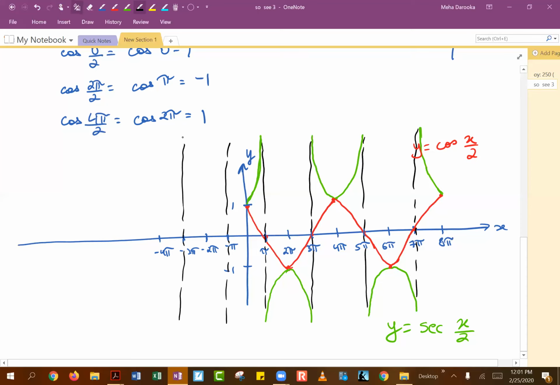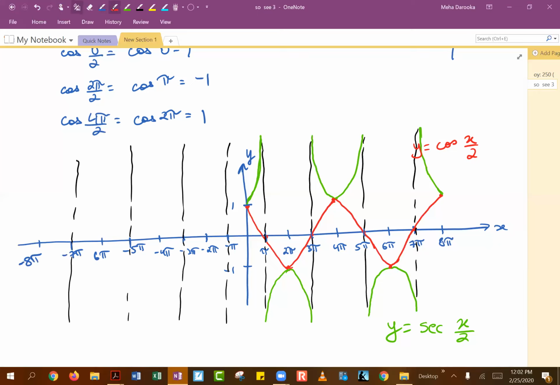And then it should be -5 pi after that, right? So that would be -5 pi, and if you went all the way, it would be -7 pi. And then you're just repeating that pattern.